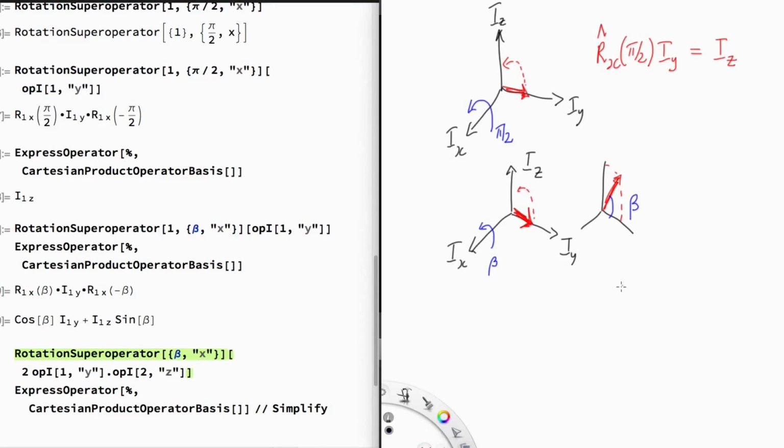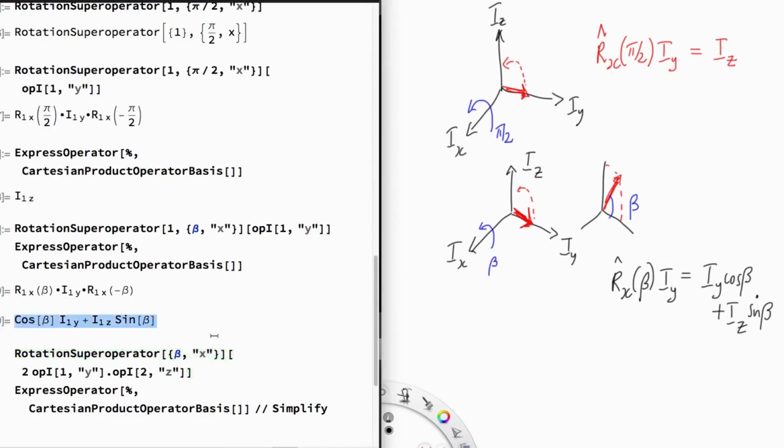So mathematically, we would have our x beta acting on Iy generates Iy cos beta plus Iz sine beta. And that's what you see that SpinDynamica has generated here.